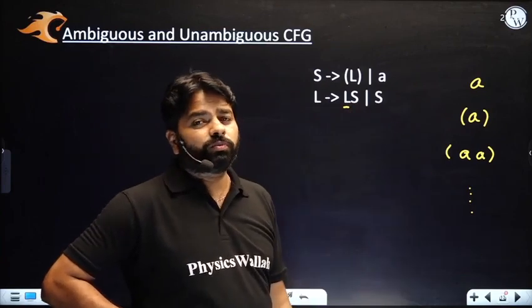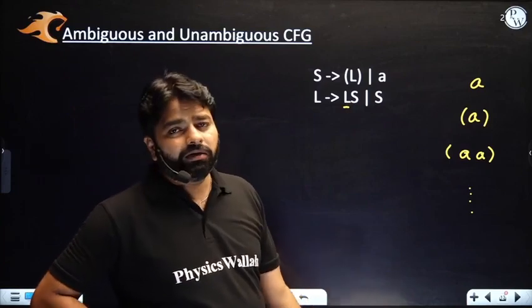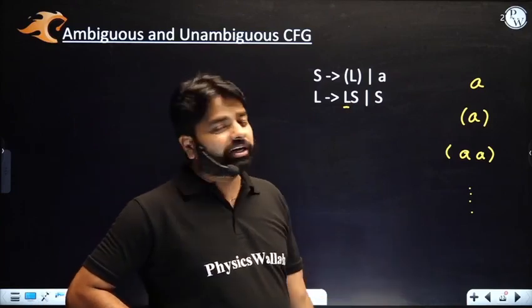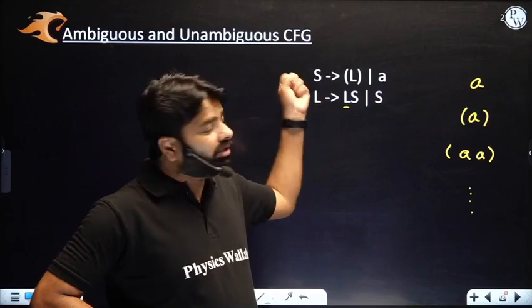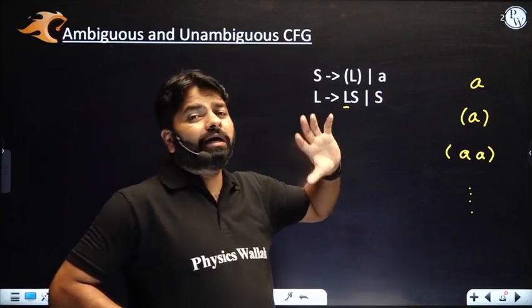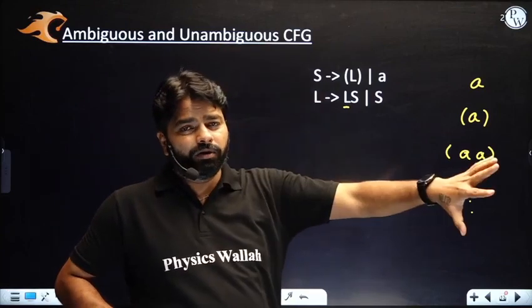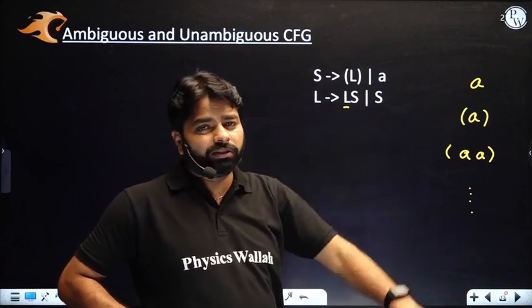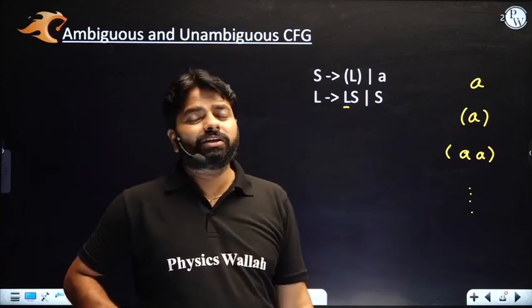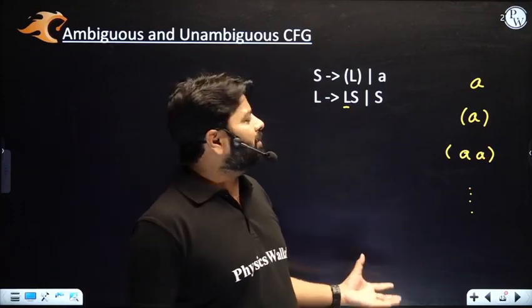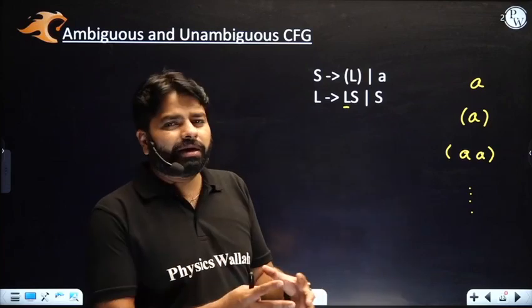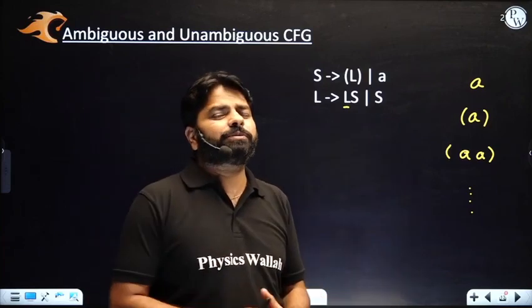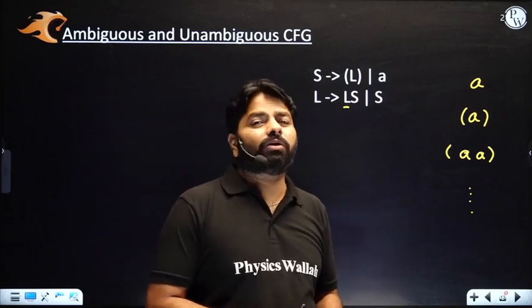It's going to consume a lot of time, and you may never end. So that's why checking ambiguity is undecidable. It means we don't have a generalized algorithm to check whether a grammar is ambiguous or unambiguous. But easy examples you can do. If the grammar looks difficult, you may spend a lot of time, and you may sometimes even conclude a wrong answer.